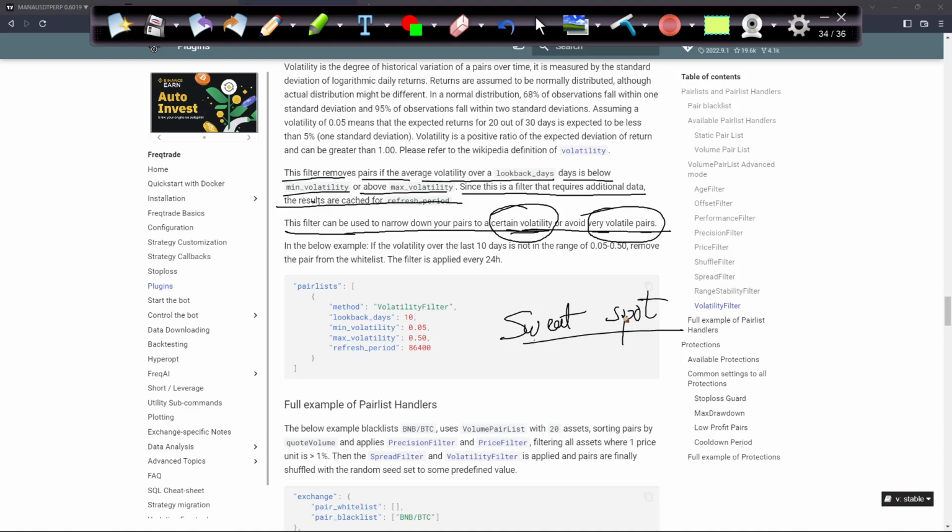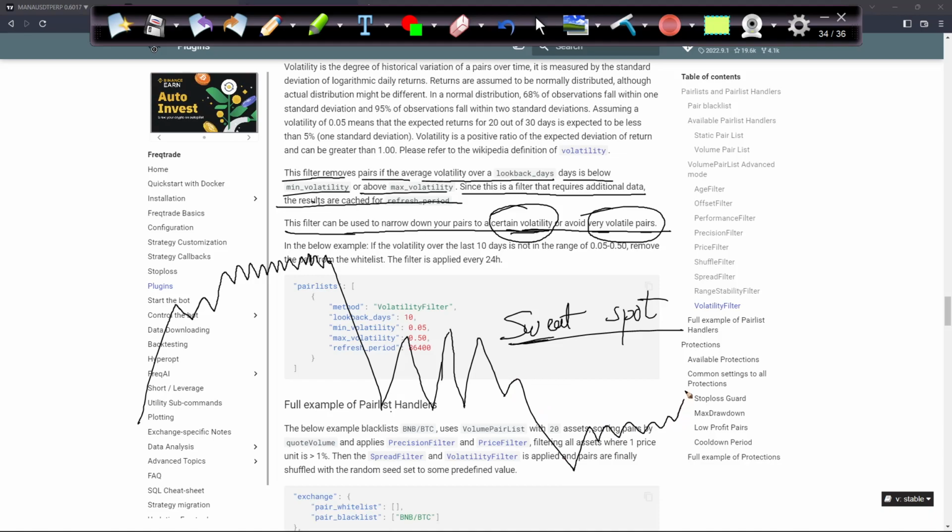What I mean by this is, suppose the market is going like this for a couple of days here, and then suddenly drops. We see this in the market, and then it goes range bound, then again drops below, builds up here, and then goes.